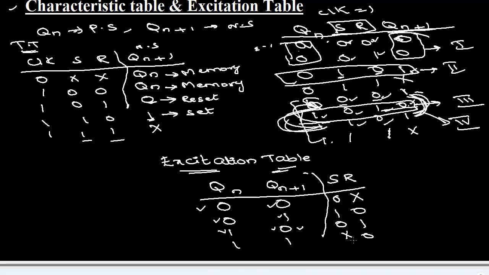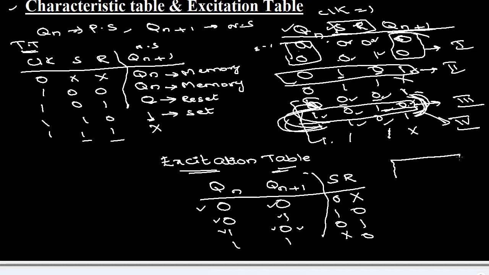Now we have to find the characteristic equation and excitation equation. By using these equations, we can convert one type of flip-flop to another type of flip-flop. So I am writing the characteristic equation minimization here. My inputs are Qn, S, R and the output is Qn plus 1.